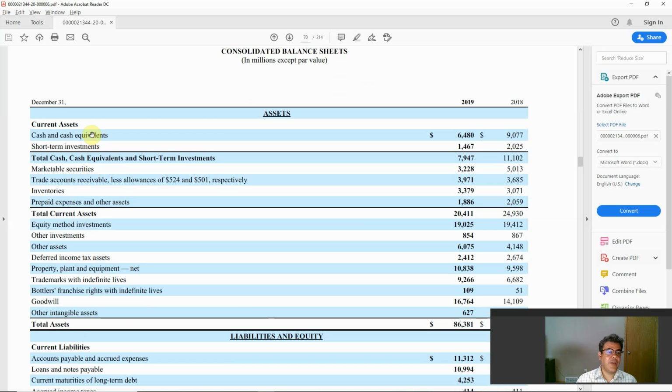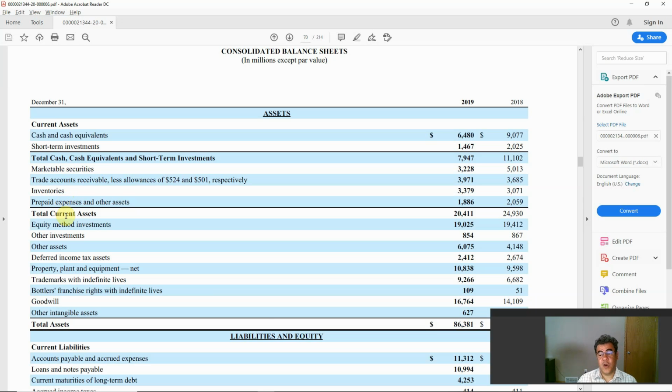So let's see current assets: cash and cash equivalents, short-term investments. This subtotal here, not all companies provide it. And then marketable securities, that is a different short-term investment, accounts receivable, inventories, prepaid expenses. So here we have the current assets.